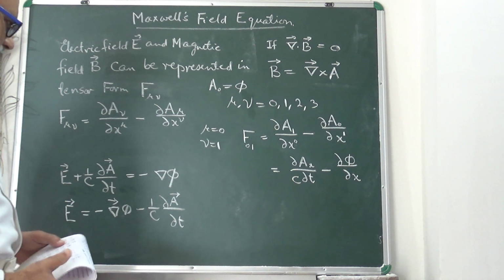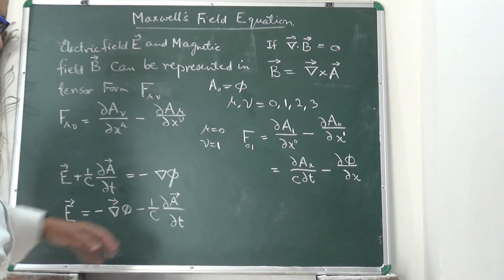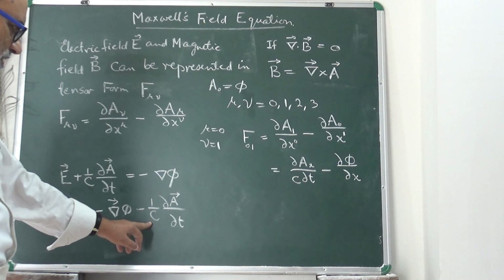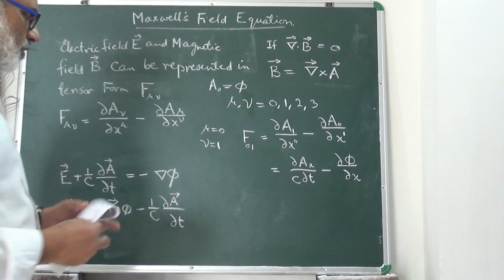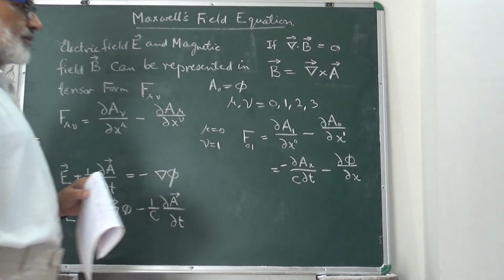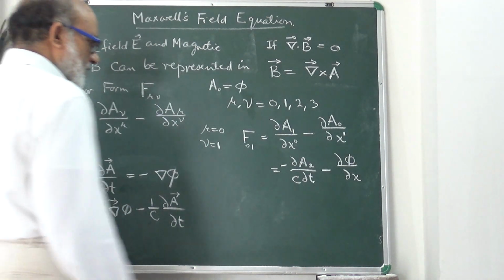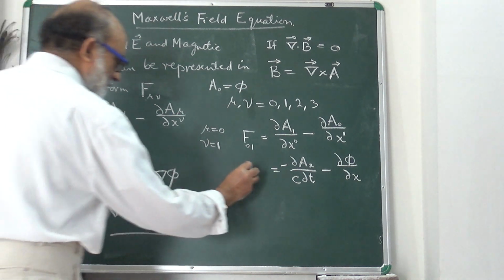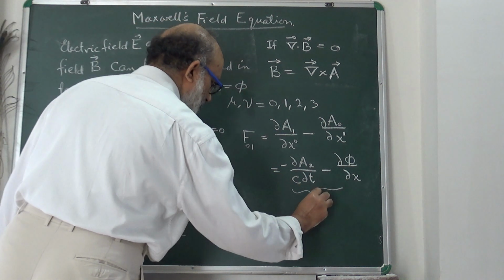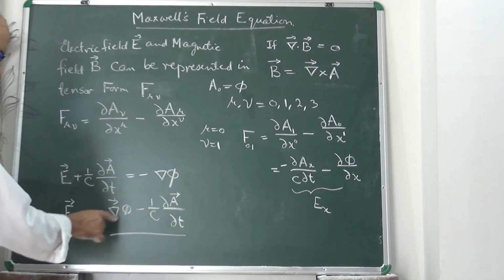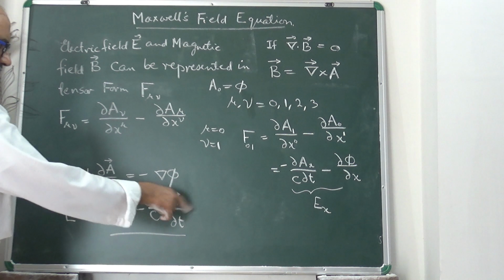So it is delta Ax by C delta t, and sorry, this A1 is minus. So this gives you Ex, which is delta phi by delta x and minus 1 by C delta Ax by delta t.